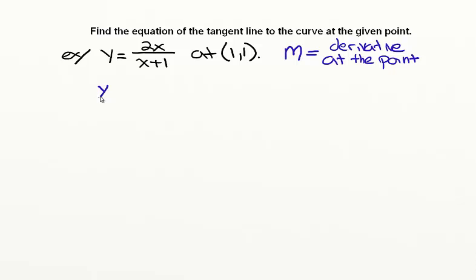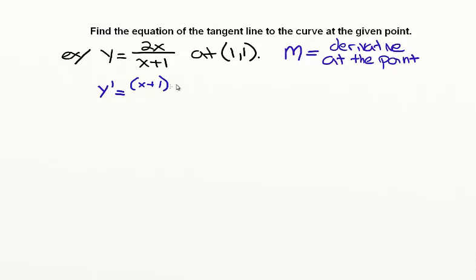So let's take y prime. Now we'll notice that y is a quotient, so we're going to need to use the quotient rule. So y prime is going to be equal to the bottom times the derivative of the top, so low d high for those of you that memorize the quotient rule that way. So our low is x plus 1.